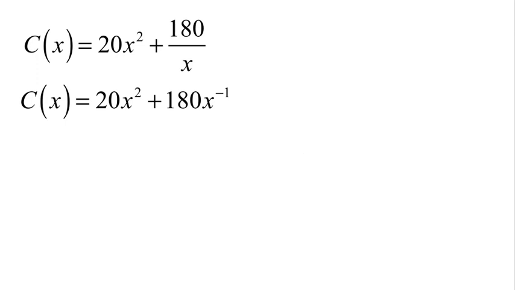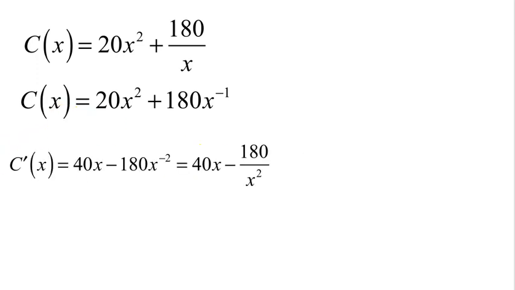We need to take the first derivative, so that'll give me 40x minus 180x to the negative 2. 180x to the negative 2 is the same as 180 over x squared. That is my first derivative. But we're going to set our first derivative equal to 0 to get our critical value. So my next move is to recognize that 0 has to equal 40x minus 180 over x squared.